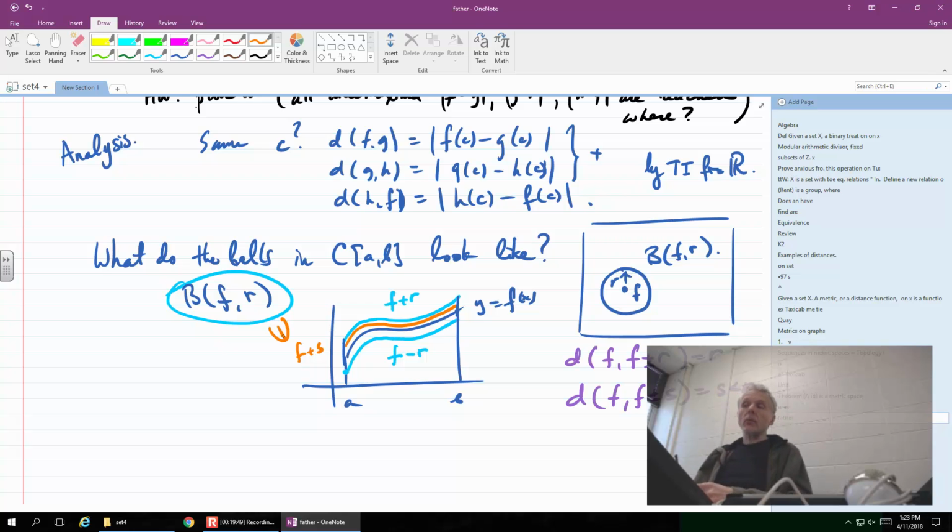There are certainly more functions that are as close, and it would probably help if we just try something. Is this function within the ball? Why not?